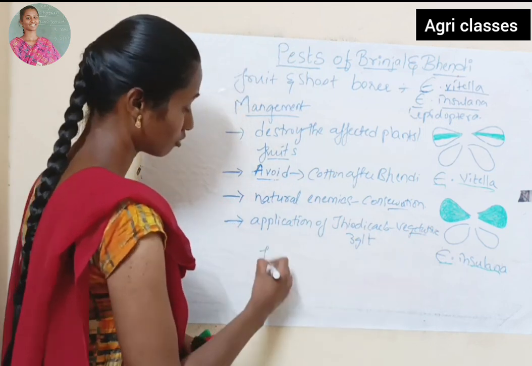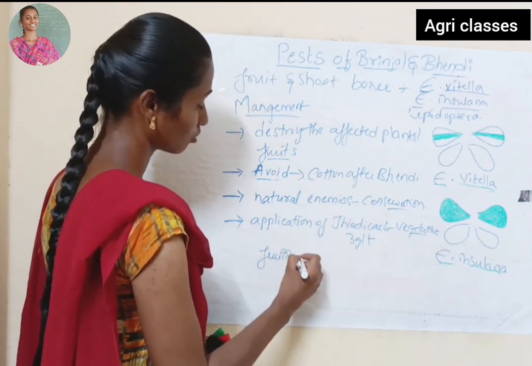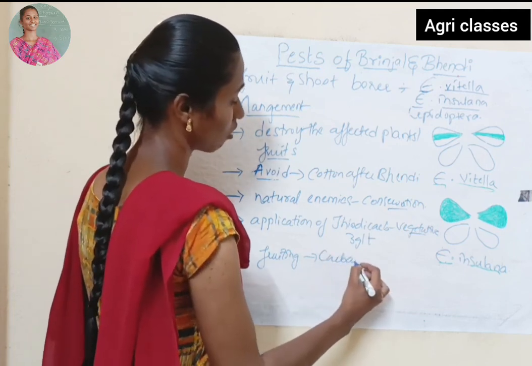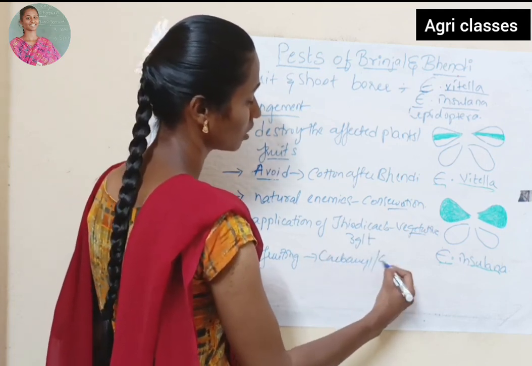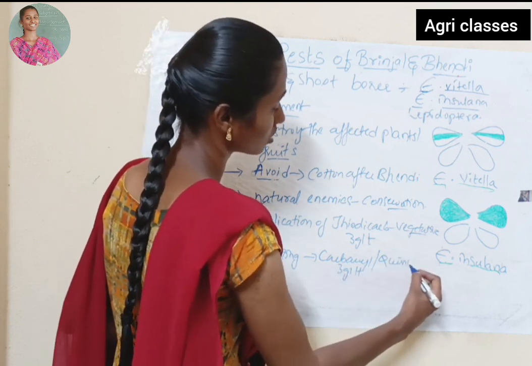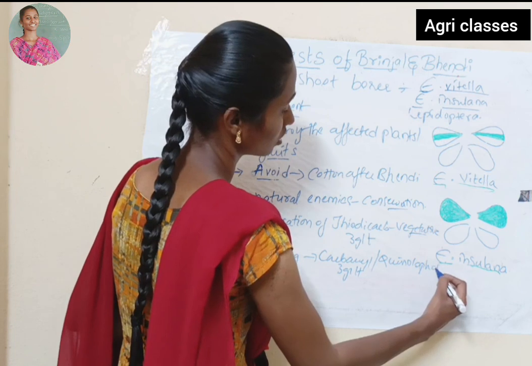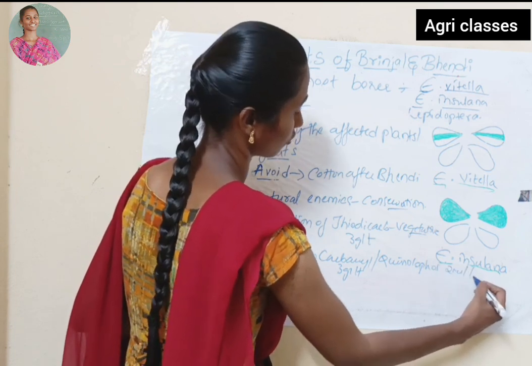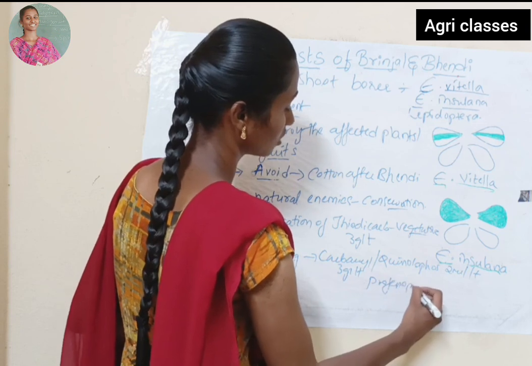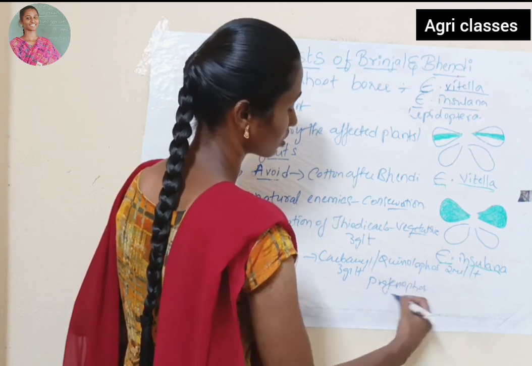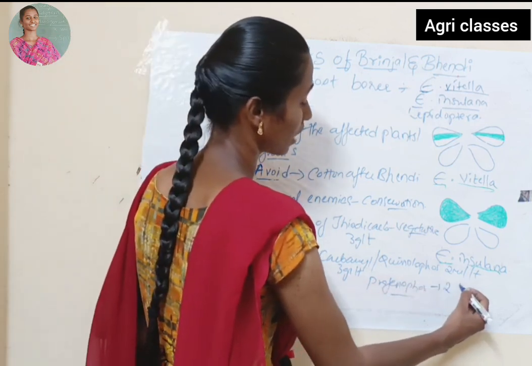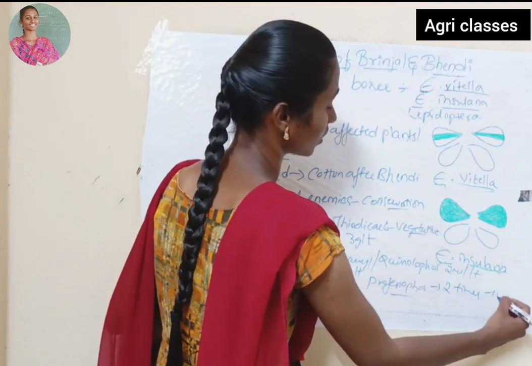In fruiting stage, we should apply carbaryl 3 grams or quinalphos 2 ml per liter, or profenophos, whatever available chemical we can use. It can be used 2 times at 10 days interval.